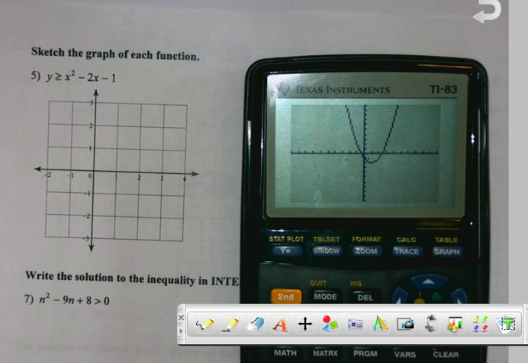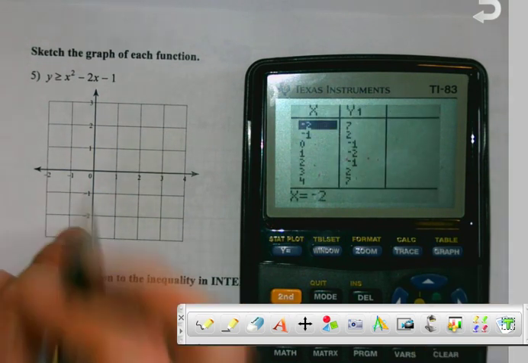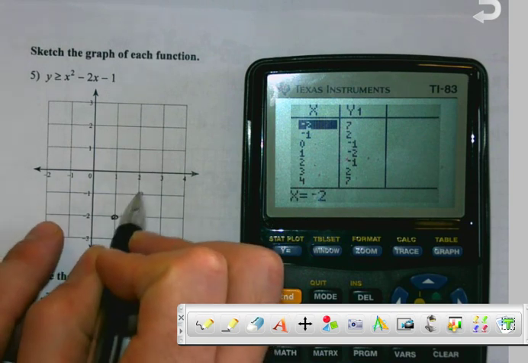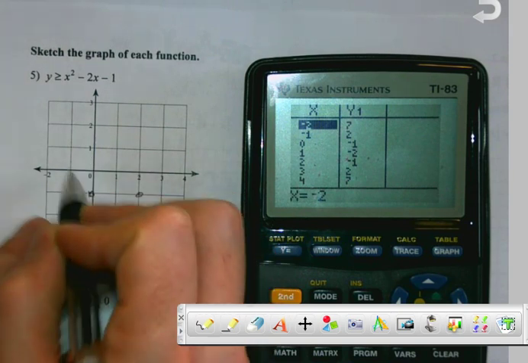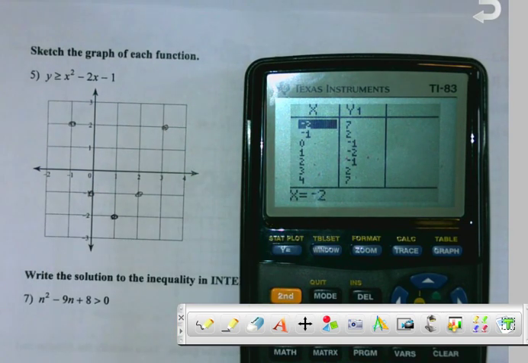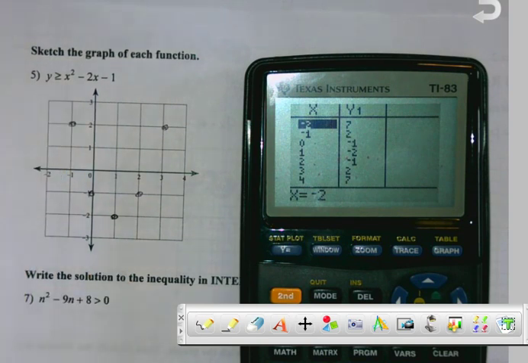First one is going to be, and I'll get my points here. It always helps to get points. So any of them that are going to fit, I'll go ahead and get those in here. Now, before you start connecting those points, one thing to remember with these, when you're graphing these with the inequalities, I have to figure out if my parabola is going to be dotted or solid.